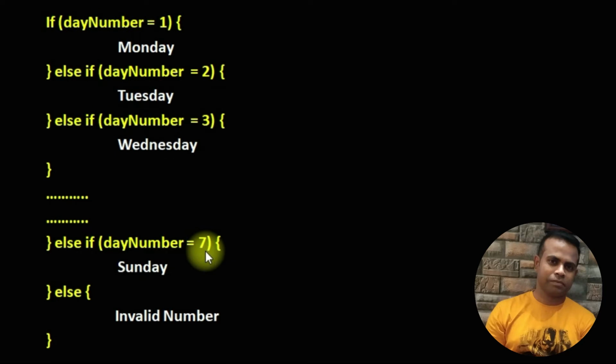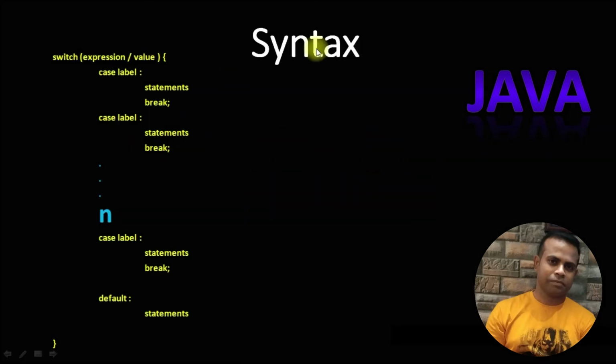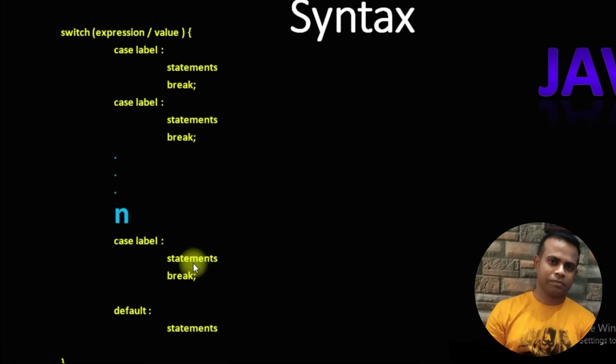So instead of that we can use another feature which is called switch case in Java to do this type of example. But what is the syntax for that? Let's check that first. Okay, so if you check, this is basically the syntax of a switch case.